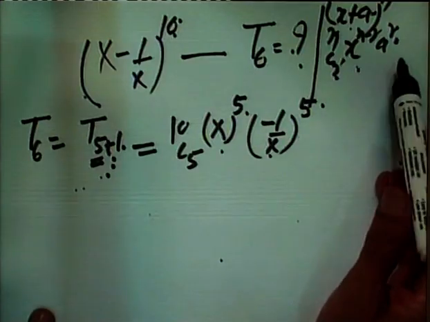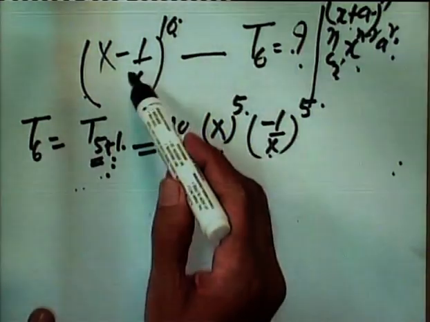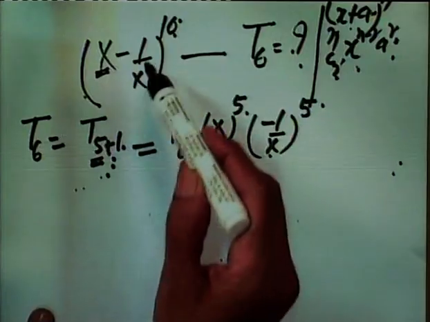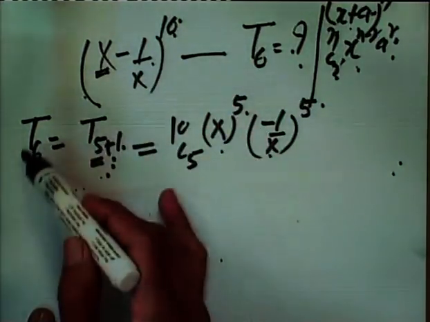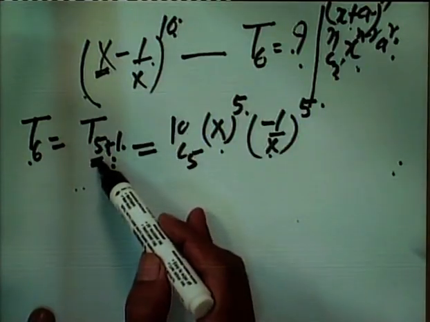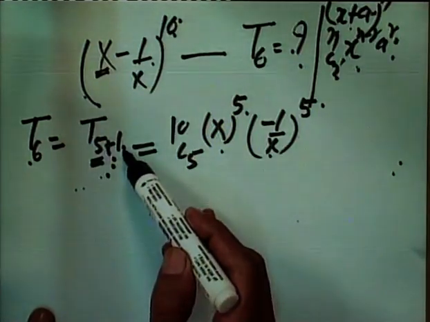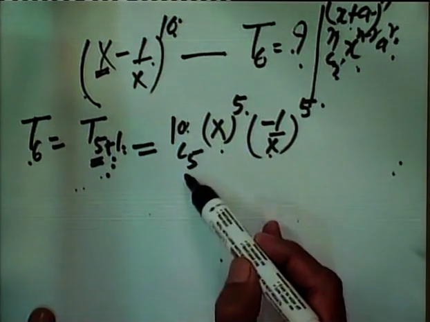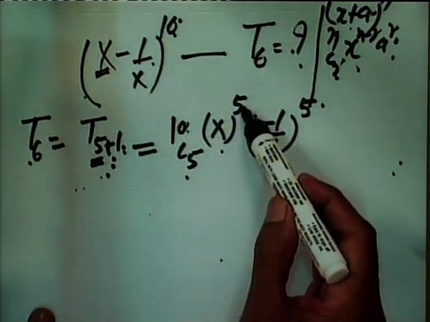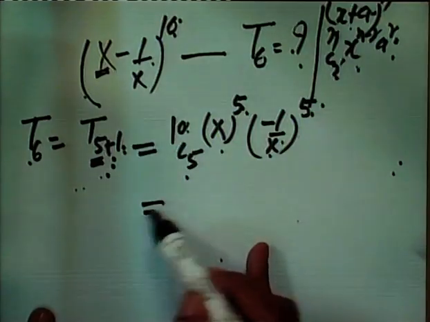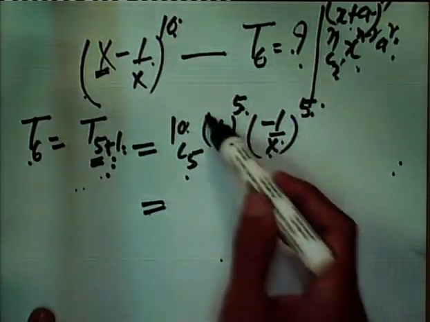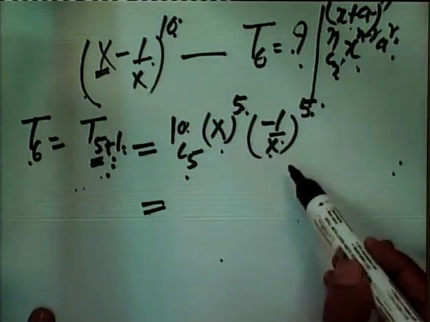Comparing this x and a with the expansion, this is working as x and this minus 1 upon x is working as a. So, T6, r I am choosing as 5. So, this is T5 plus 1, which is 10C5 into x raised to power 5 into minus 1 upon x raised to power 5, and this is a very nice expression, they will get cancelled.